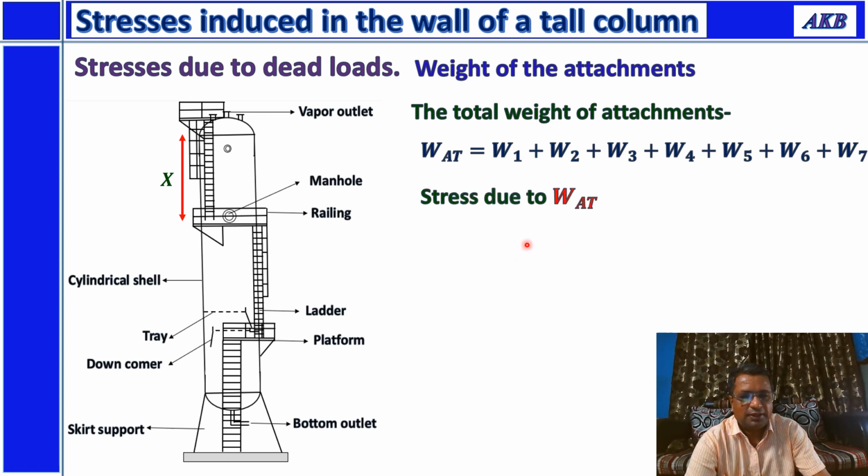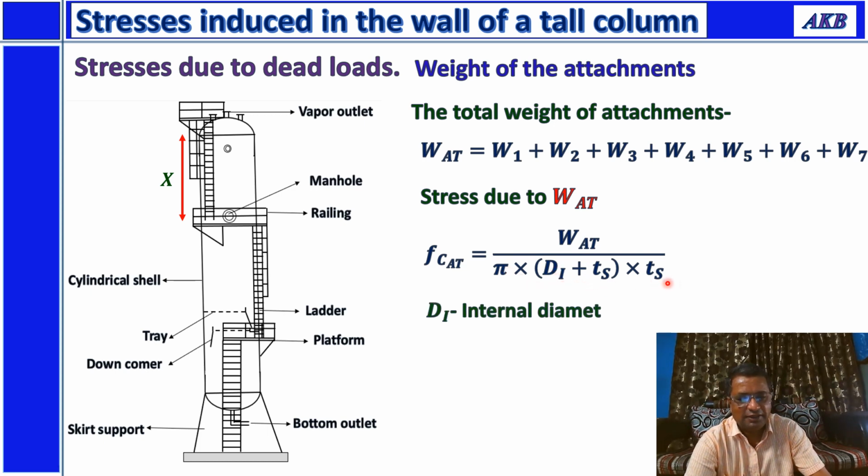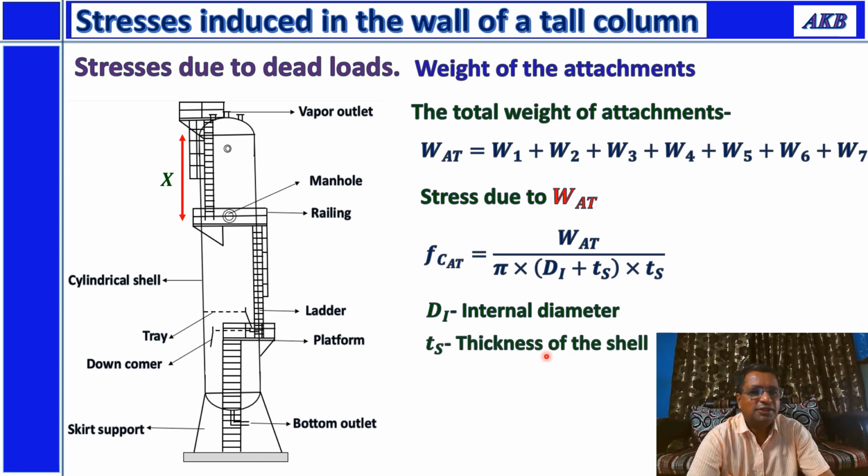Okay. Then once you know the total weight, you can find the stress due to that total weight by using this equation. It will simply be FCAT is equal to WAT upon pi into (di plus ts) into ts. Again, di is the internal diameter, ts is the thickness of the shell.